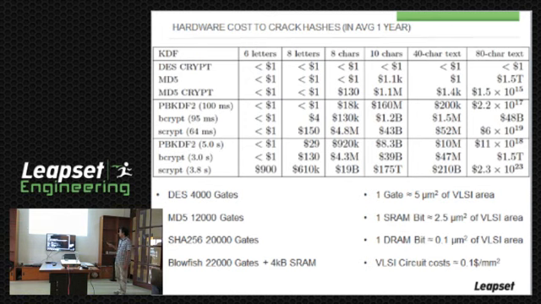For MD5, you can create such hardware by spending less than $1 for 6-character letters. When it goes up, it is still less than $1 here. That's why you should not use this. It is very hardware friendly. You can implement it in graphics processors, and you can create dedicated hardware.